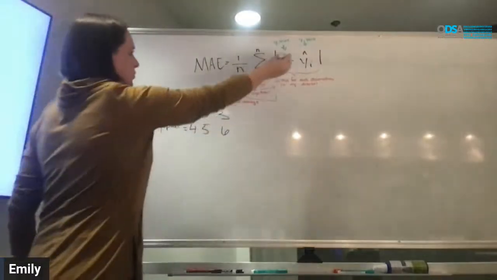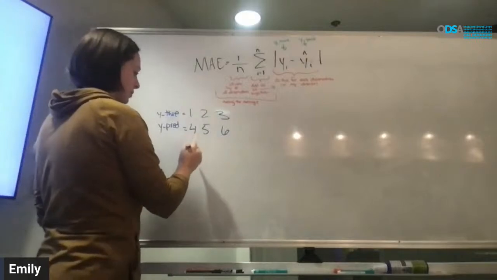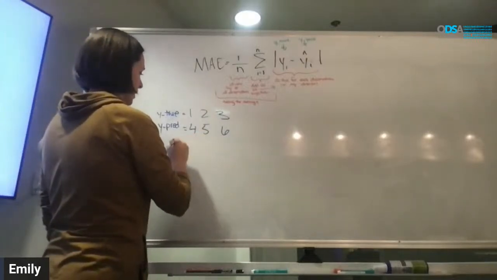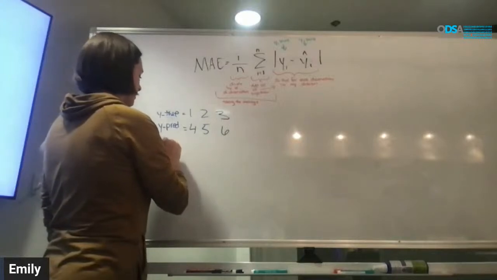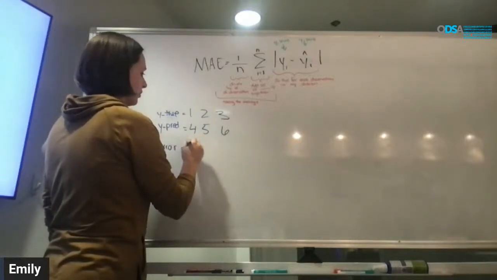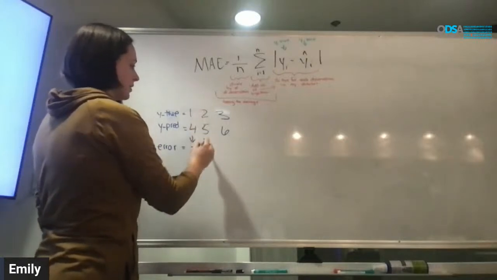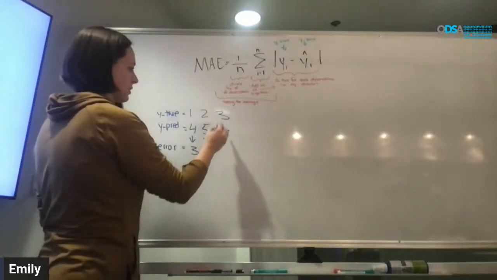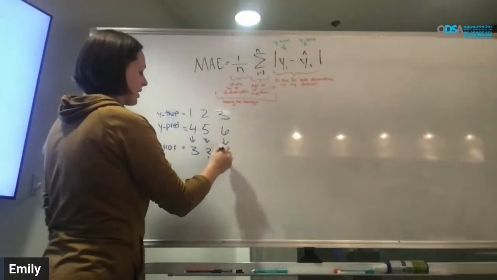It really doesn't matter because we're taking the absolute value. And so that would be 3 for this one. I'm going to call this our error. It's equal to 3 for this one. 5 minus 2 is equal to 3 for this one. 6 minus 3 is actually 3 for this one as well.